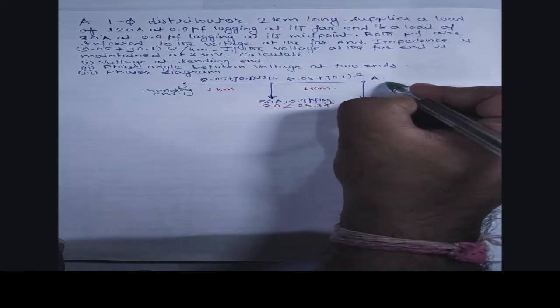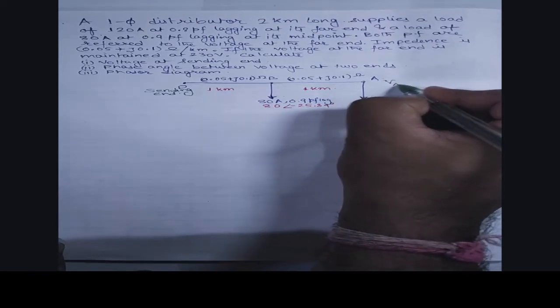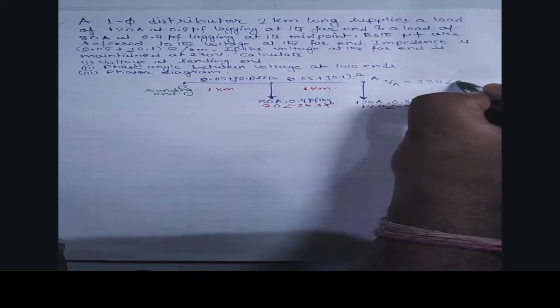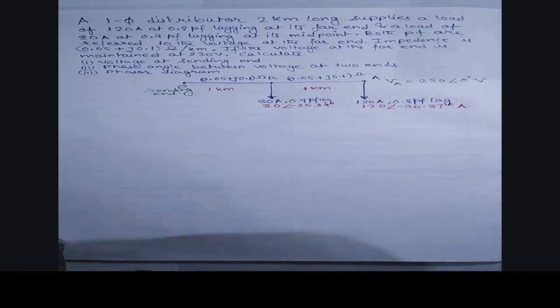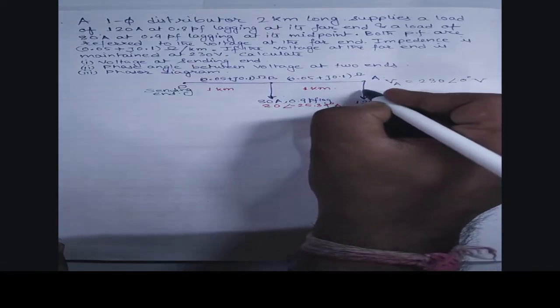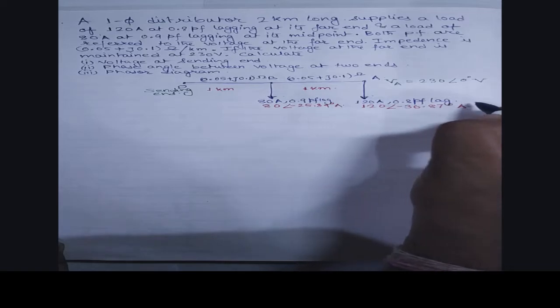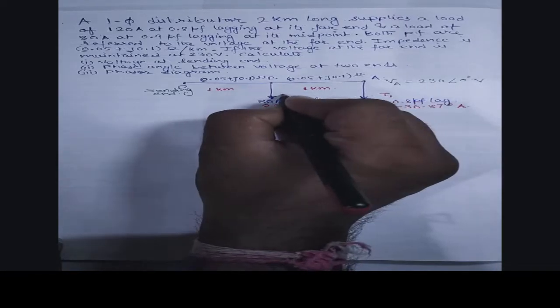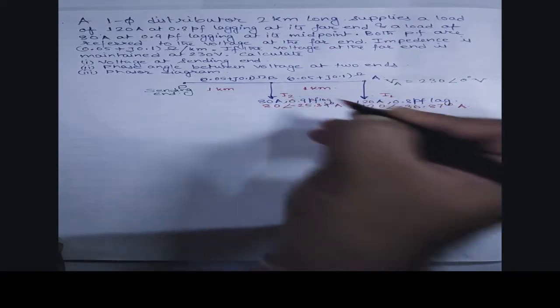We will also mark it as VA equal to 230 at an angle 0 degree volt. Let us now name the currents: this is current I1 and this is current I2.